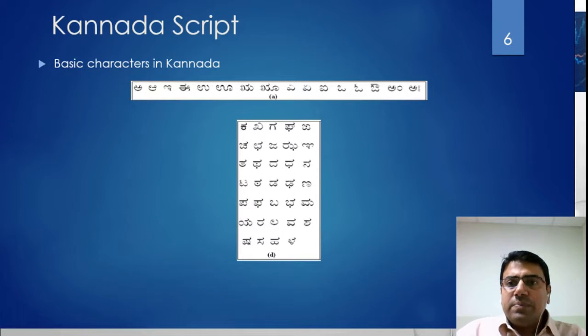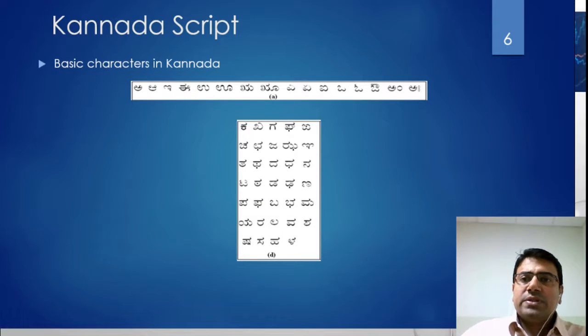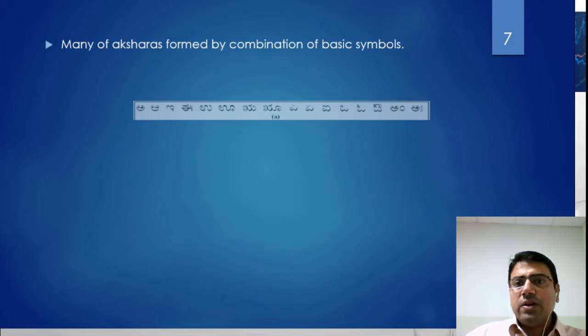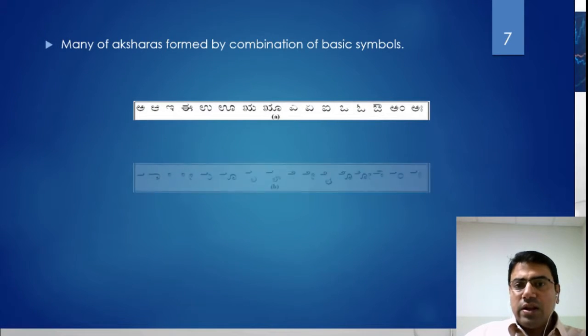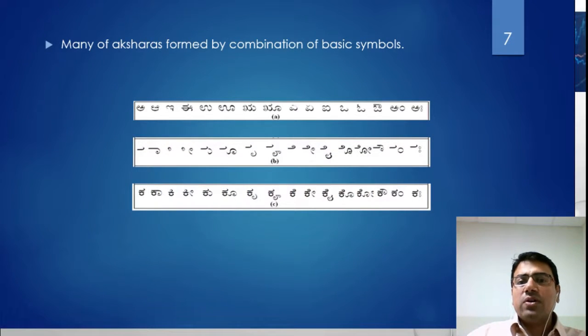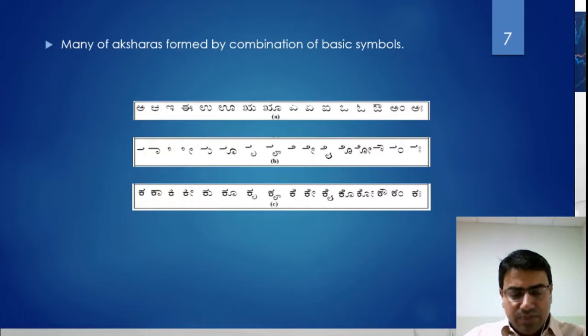Now, these are examples of basic characters present in Kannada. These are called vowels, and these are the consonants of Kannada characters. Along with these, there are some modifiers. Many of these vowels have their modifiers. They are connected usually with one of the consonants to create further different types of aksharas.